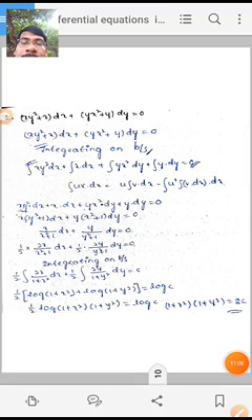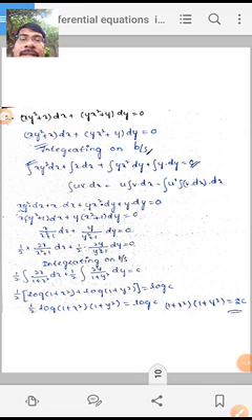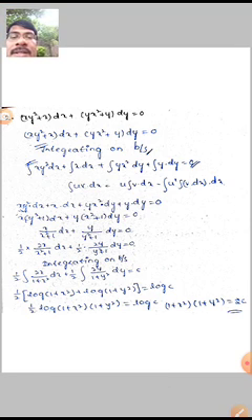Next problem application. (x y square plus x) dx plus (y x square plus y) dy equal to 0. In these two terms x is common, and in this term y is common. We have to keep them common and separate the x and y variables. It goes to the form x by (x square plus 1) dx plus y by (y square plus 1) dy equal to 0. Here we have to integrate on both sides. Multiplying and dividing by 2, we are getting this one.